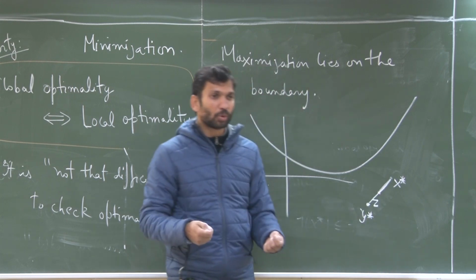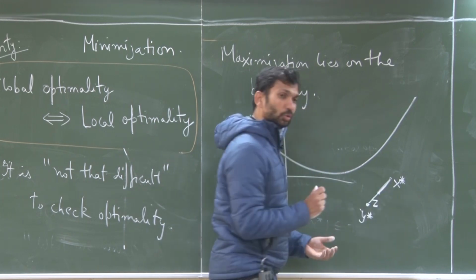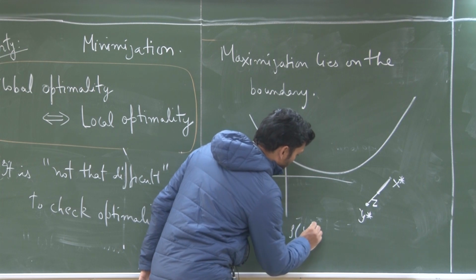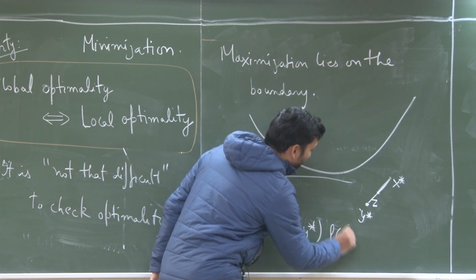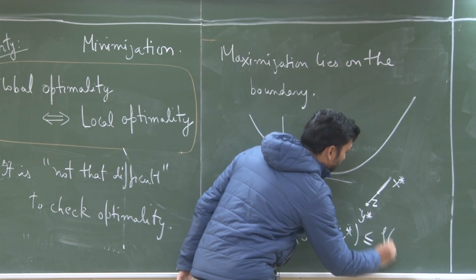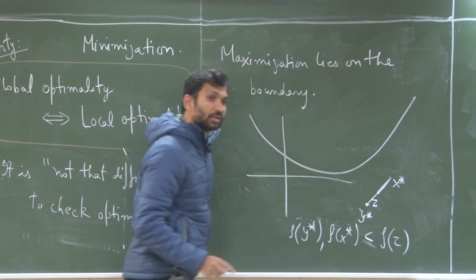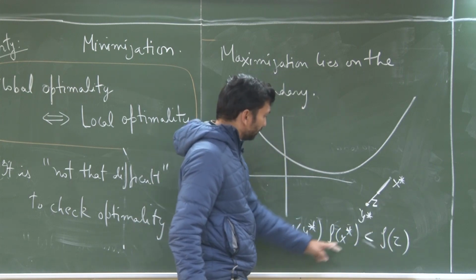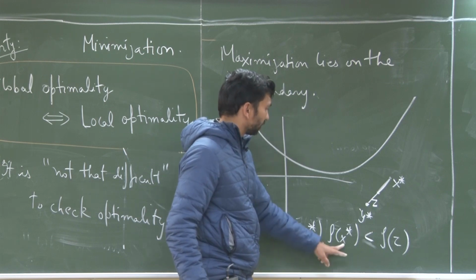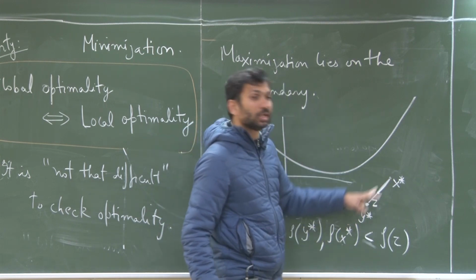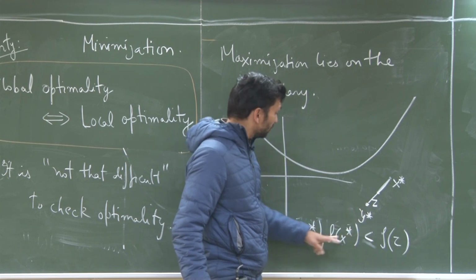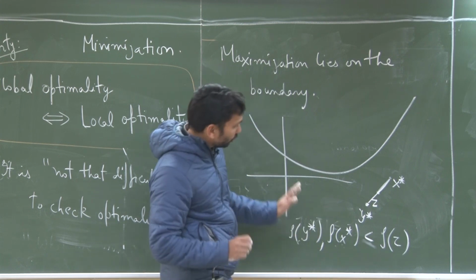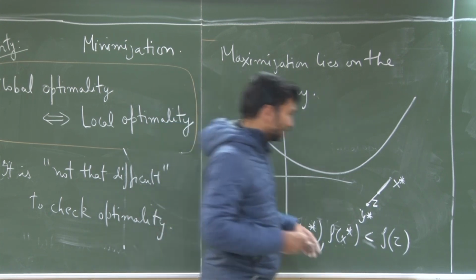Every point which is not on the boundary, we should be able to write it in terms of the 2 points. And then if f y star and f x star are less than f z, or suppose f z is the global optimal, then this is higher than f y star and f x star, then you can actually show that any point on x star and y star will be below the maximum of these two. But again, I would not go into the detail, I will leave it to you as an exercise.